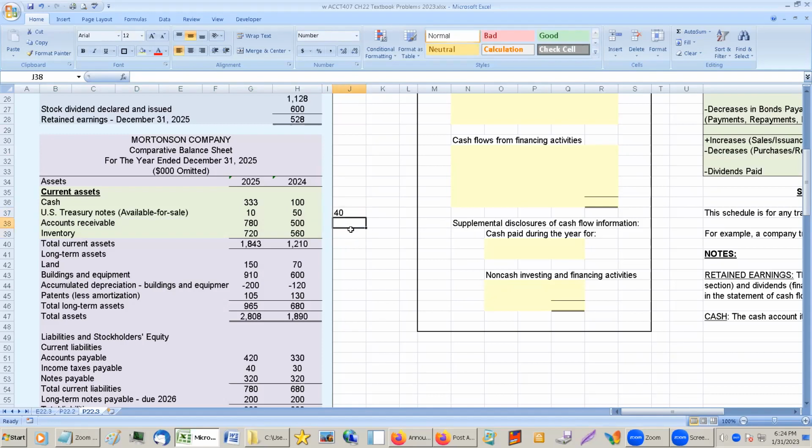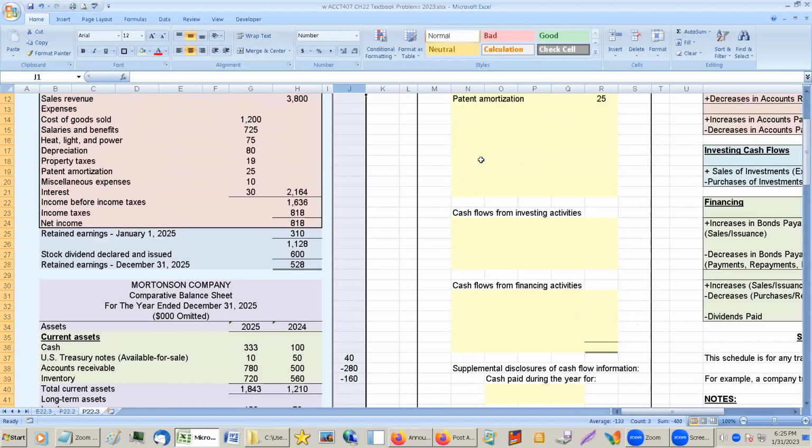All right, accounts receivable went up, so cash went down. Good. It's an asset. And inventory went up. So cash must have gone down also, right? We bought more inventory. Okay, so let me get that up here.